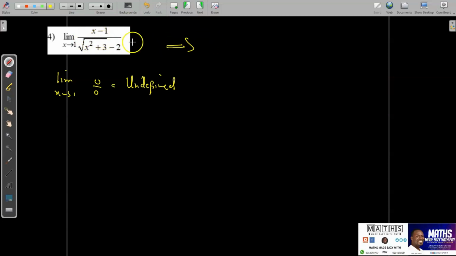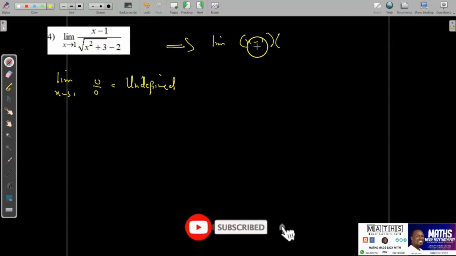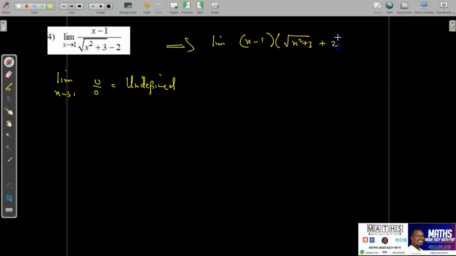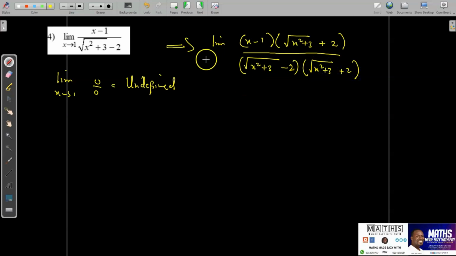So we are going to rationalize the denominator, and therefore we have the limit of (x minus 1) multiplying the conjugate of the denominator, which is the square root of (x squared plus 3) plus 2, all divided by the square root of (x squared plus 3) minus 2 multiplying its conjugate, which is the square root of (x squared plus 3) plus 2, as x approaches 1. Are you all with me with what I've done here?